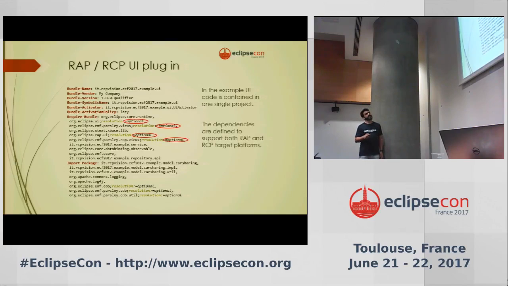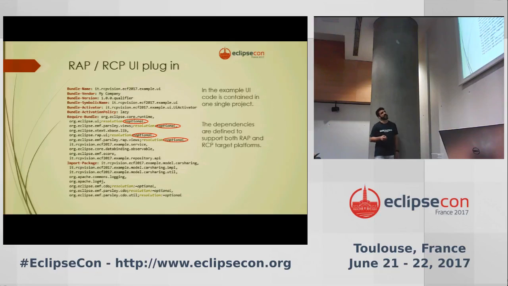I can use the optional directive in the required bundle section and refer to the standard SWT plugins and the RAP plugins together with optional. And then I can switch between the two targets without any problem.